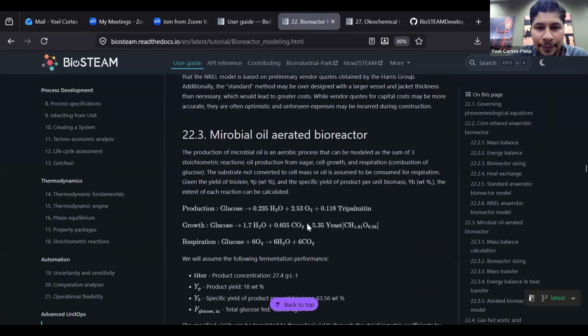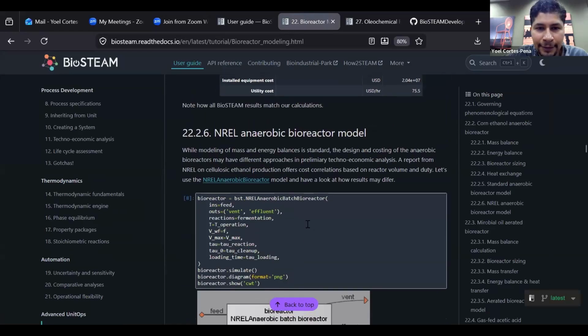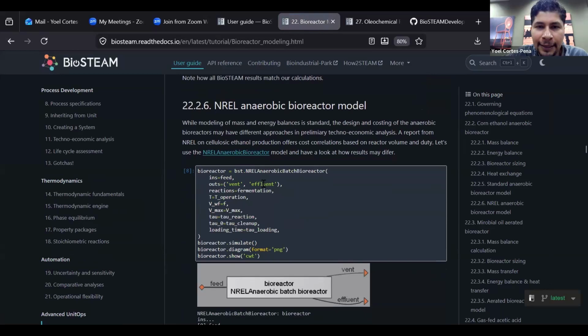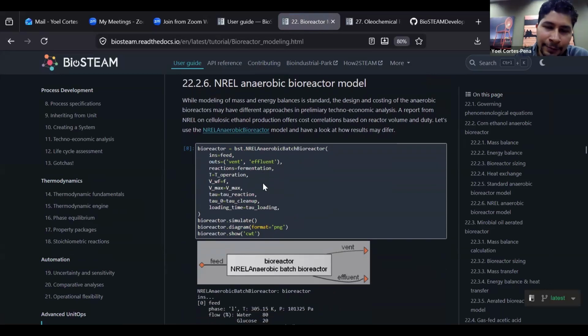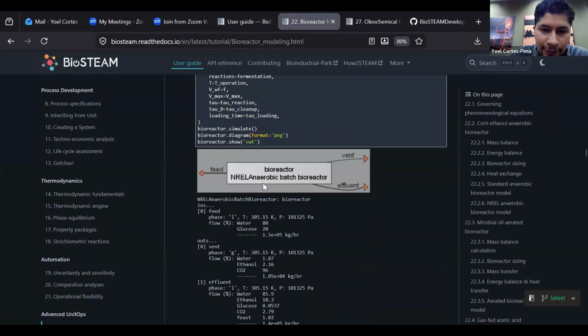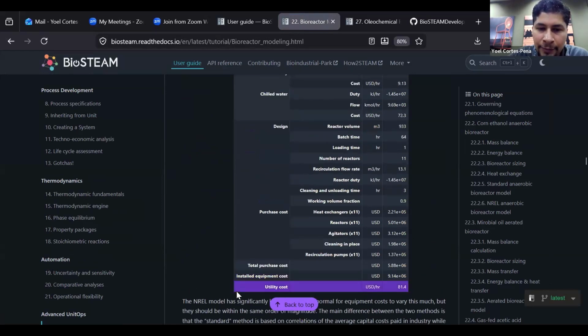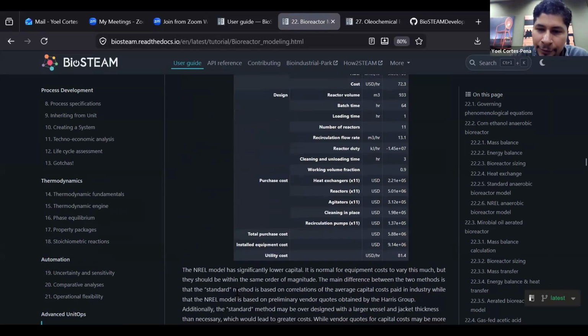All right. Now, in addition to the standard anaerobic bioreactor, we have an Enroll bioreactor model. This is only for anaerobic cellulosic ethanol production, but people like to use it for corn ethanol as well. If you look at some of the results that we get here, the Enroll model actually shows lower capital, but it's still within the same order of magnitude.